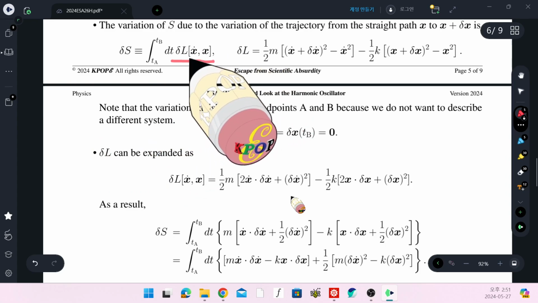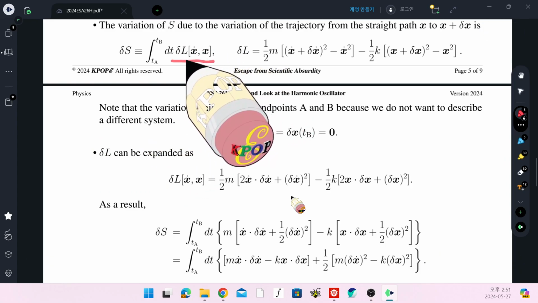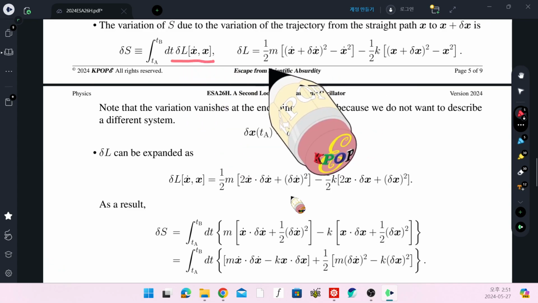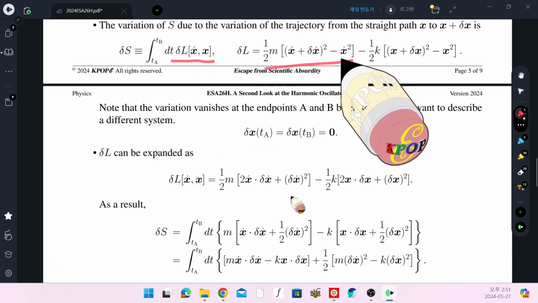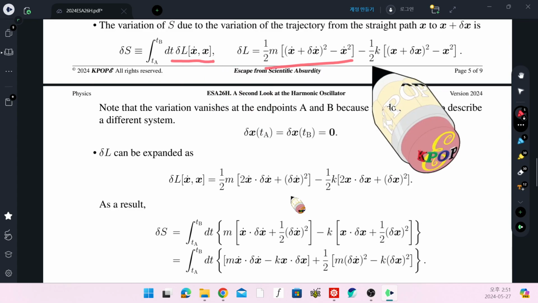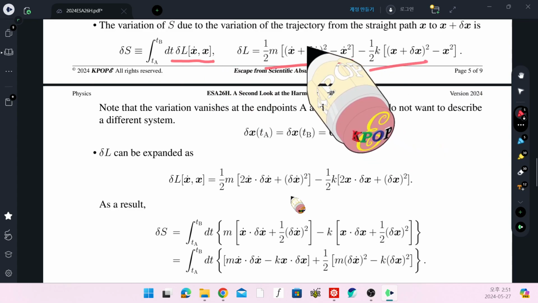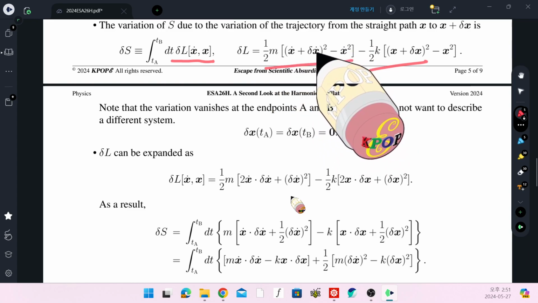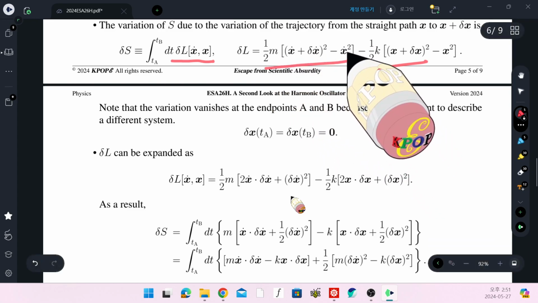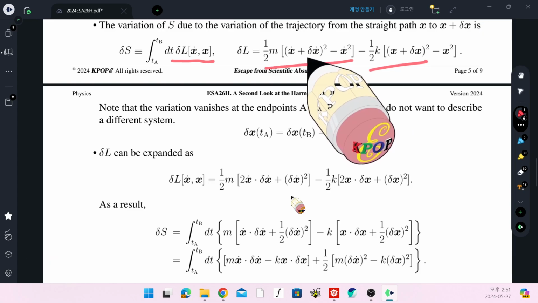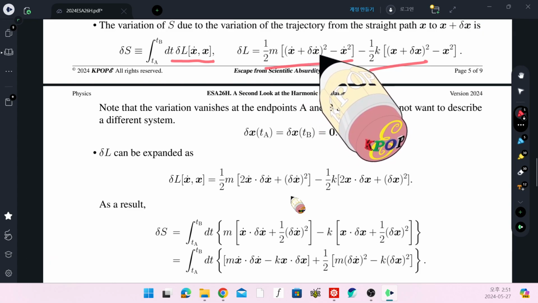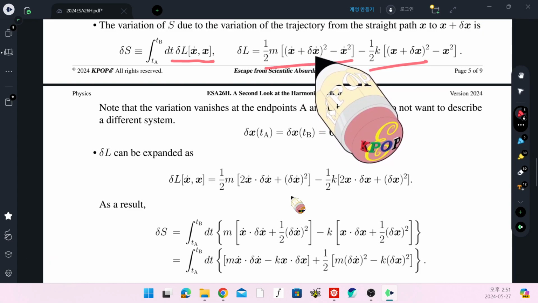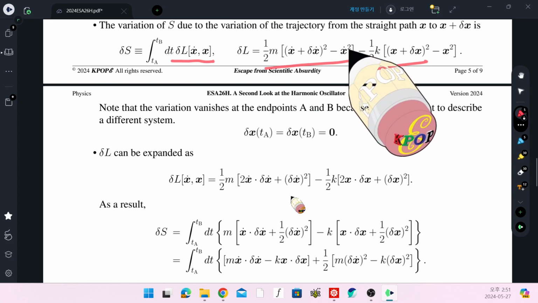The integrand is the Lagrangian. Lagrangian is kinetic energy subtracted by potential energy. But a variation of the kinetic energy can be computed by substituting x dot plus delta x dot for the original x dot.